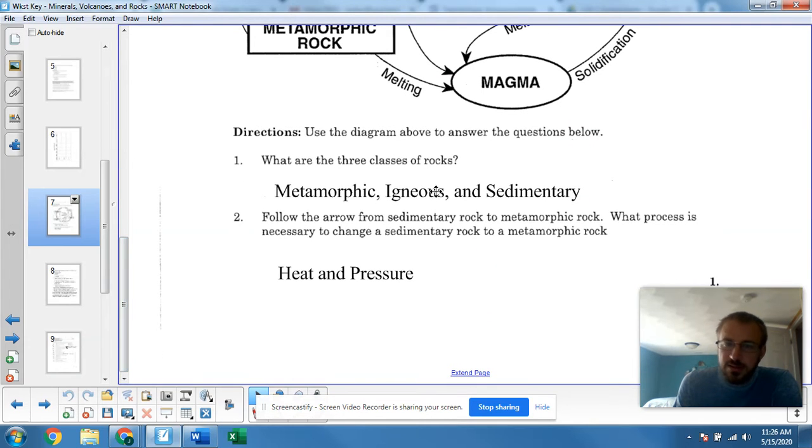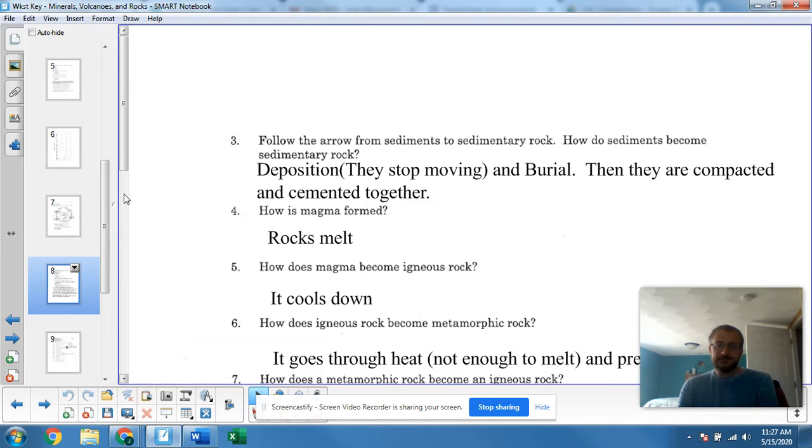So, the 3 classes of rocks, the 3 types: metamorphic, igneous, sedimentary. Looking at the different arrows, a sedimentary can turn into a metamorphic through heat and pressure. Follow the arrow from sediments to sedimentary. How do they become sedimentary rocks? It mentioned a couple things: deposition and burial.